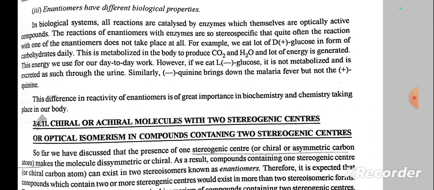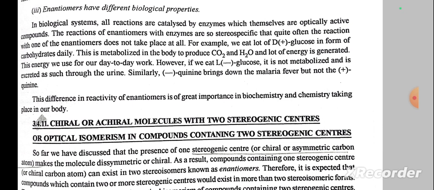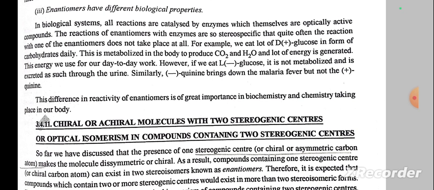Similarly, quinine positive cures malaria fever but not the quinine negative. This difference related to enantiomers is of great importance in the biochemistry and chemistry taking place in our body.